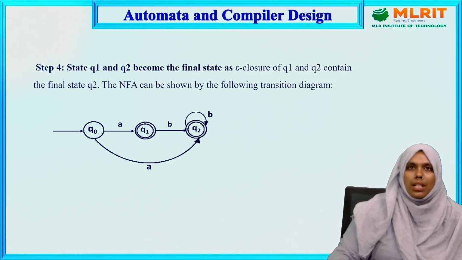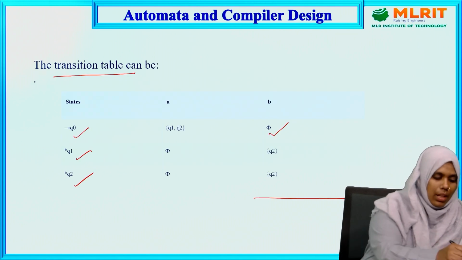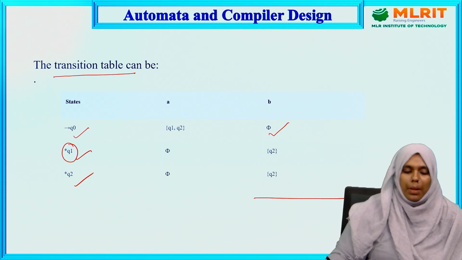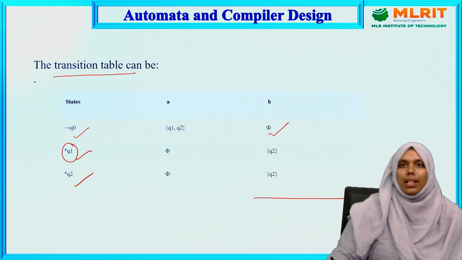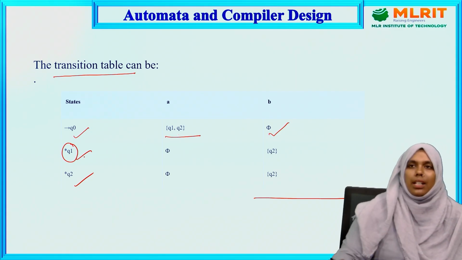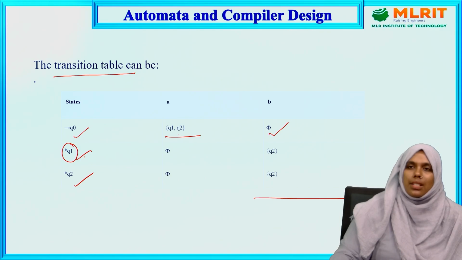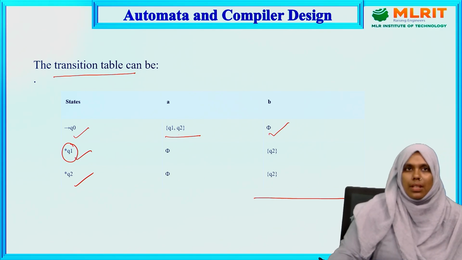If you can see here, we got 3 states with 2 final states. Now you may have a doubt why Q1 is also a final state. Because Q1 is also linked to Q2. In that case, if a state is linked to the final state, that state will also become a final state. So here we have 2 final states, that is Q1 and Q2.